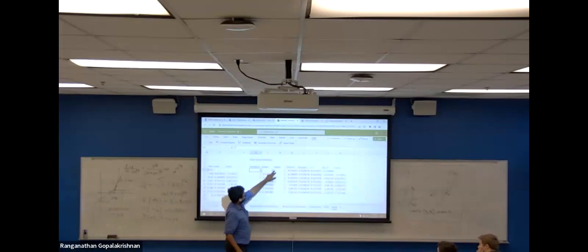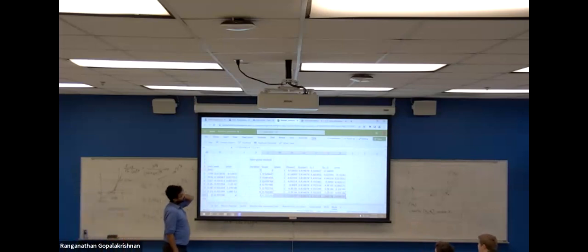So if I put 0 to 1 as my lower and upper limit, it converges not in 6, but I have to add one more. It converges in about 7 iterations. Okay, but there is no risk here, it will always converge.